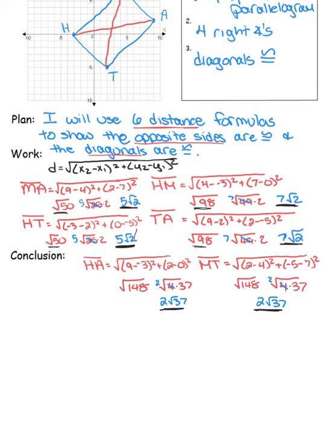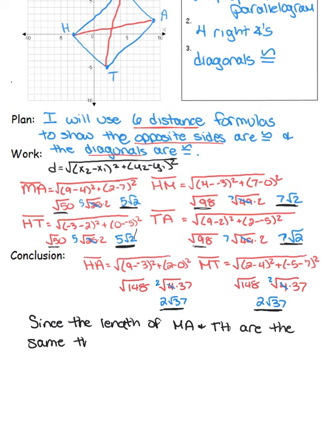So now I have to write a paragraph, and yes, I know it is annoying, but I would take annoying over difficult math any day. So what we're going to write is, since the length of MA and TH are the same, they are congruent.